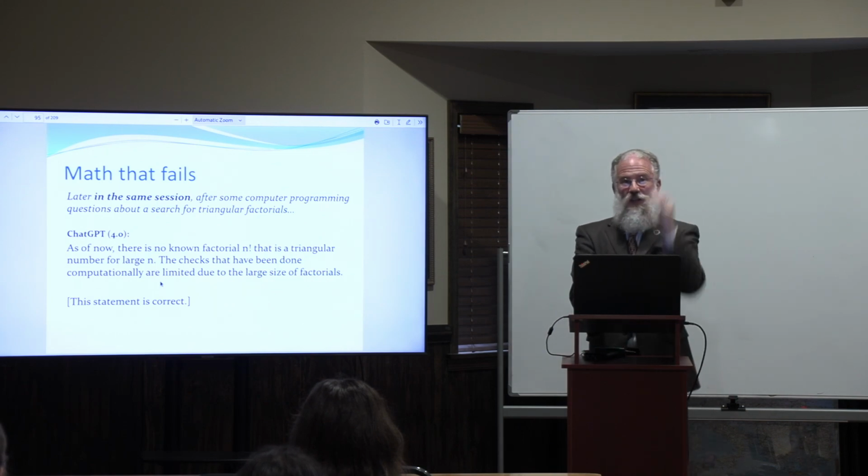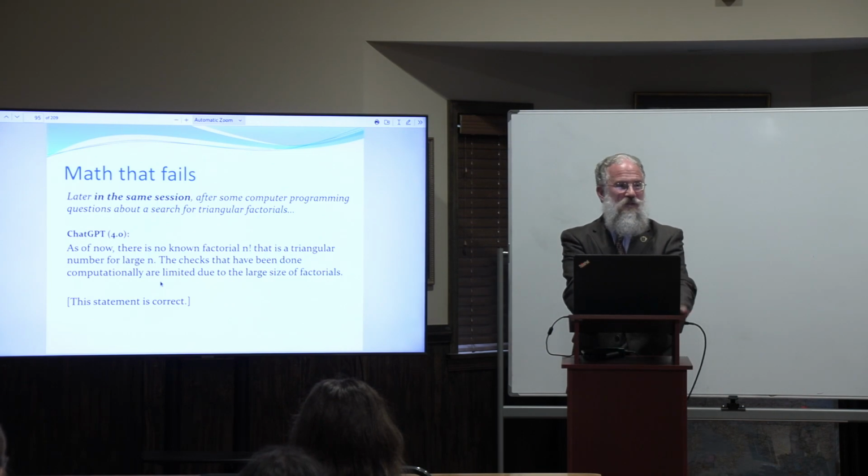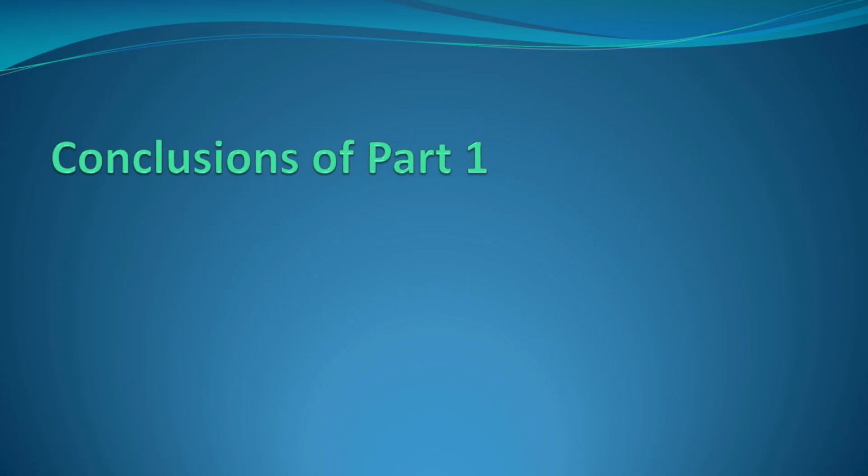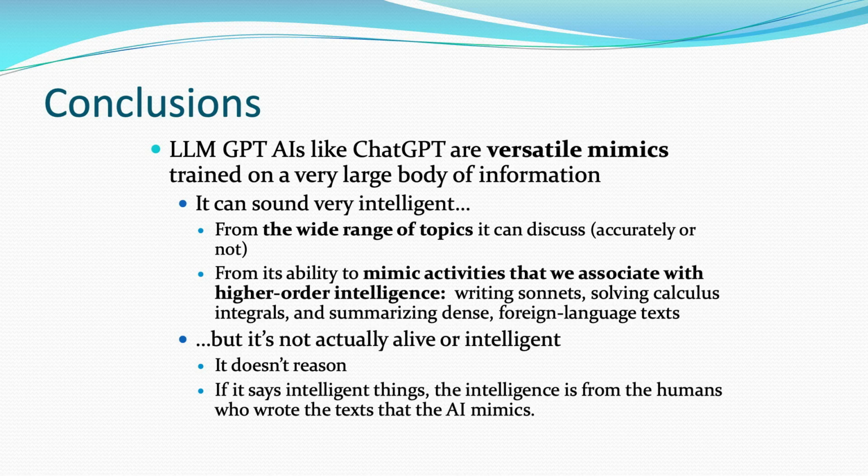Sometimes it's done wonderfully in generating computer code for me, and other times it's generated really good-looking code that nonetheless errs. So, big picture conclusion, these things are versatile mimics. They're trained on a very large body of information. It can sound very intelligent from the wide range of topics it can discuss, accurately or not.